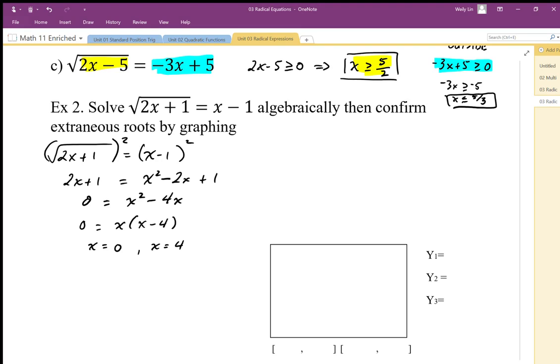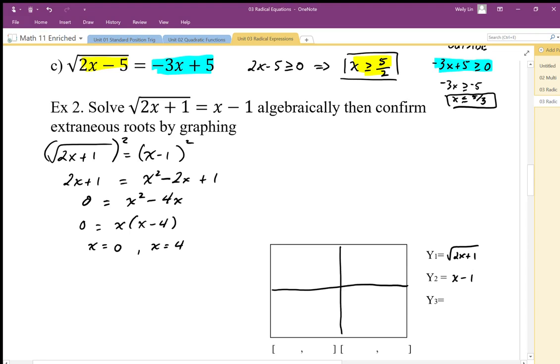Remember that I really need to check both solutions. When I check both solutions, well, let's actually check by just graphing this. What I'm going to do is graph the left side and right side of the equation. We could check it by just plugging it in, but here we're going to check this by graphing the left side versus the right side and see what happens.